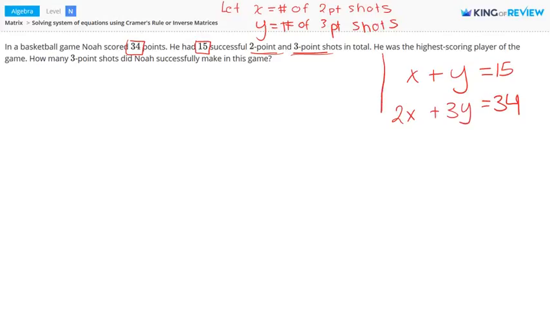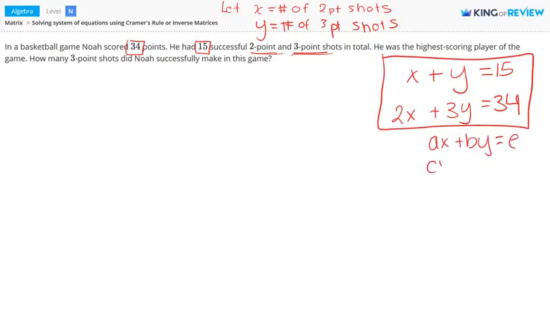That's our second equation. So here we have a system of equations. We want to solve for x and y. If you notice, these equations are in the form ax plus by equals e and cx plus dy equals f. They're in the same format. So we can use a method called Cramer's rule to solve the system, that is, solve for x and y. Cramer's rule states that you can use determinants to solve a system of linear equations.